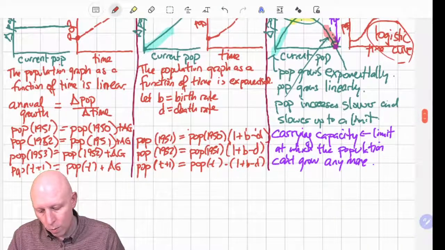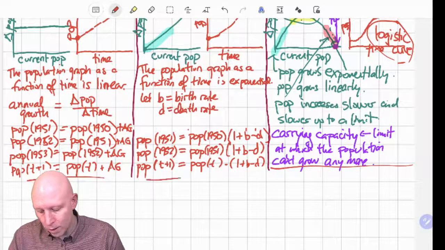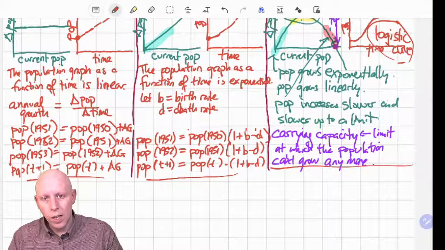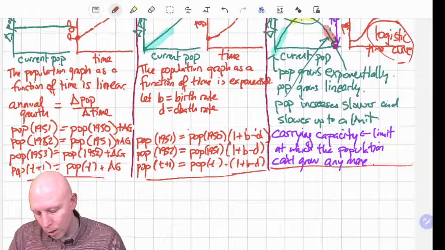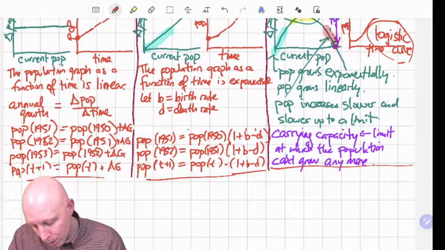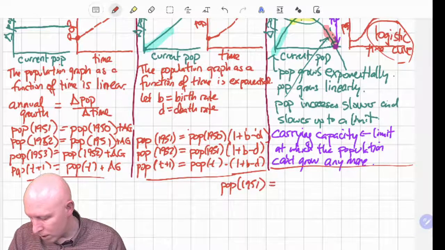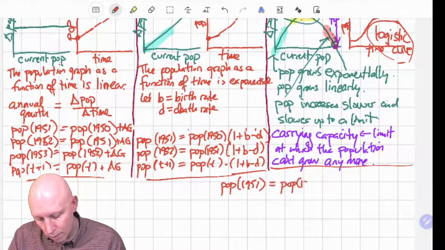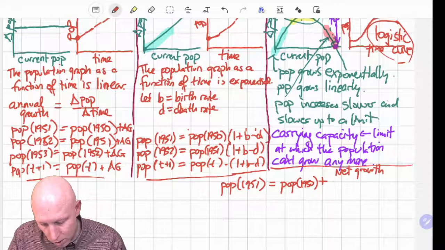And so now what we're going to do is we're going to write down, just like we have on these other two, what the one year to the next looks like. So what it looks like is the population at 1951 is going to be equal to the population at 1950 plus the net growth. All right, and what we said the net growth looks like is it looks like some constant.